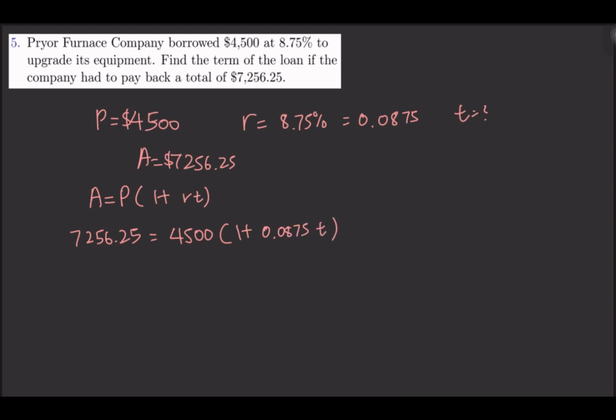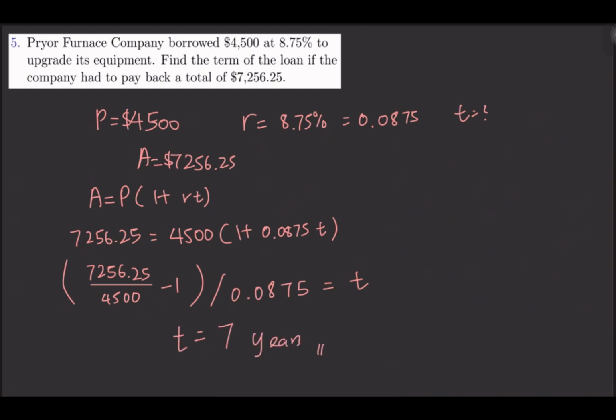Now, again, basic algebra: 7,256.25 divided by 4,500, minus 1, divided by 0.0875 equals T, and then our T will become 7. T equals 7 years. And that is your answer.